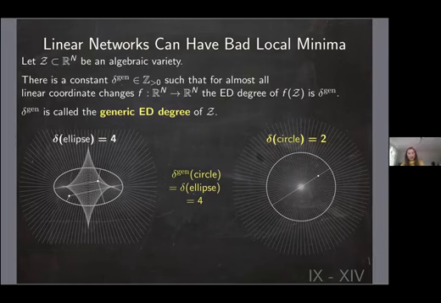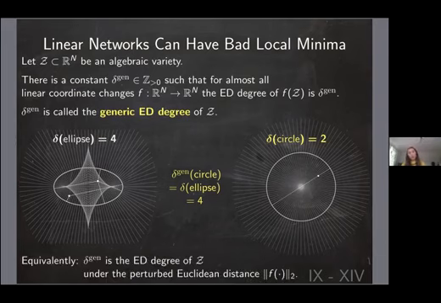And that is one way of thinking about the problem. More relevant to machine learning, I think, is this other way: you could fix your variety and instead use a different distance measure. That is the same thing as fixing linear networks and their neuromanifolds, but changing the loss function a little bit.